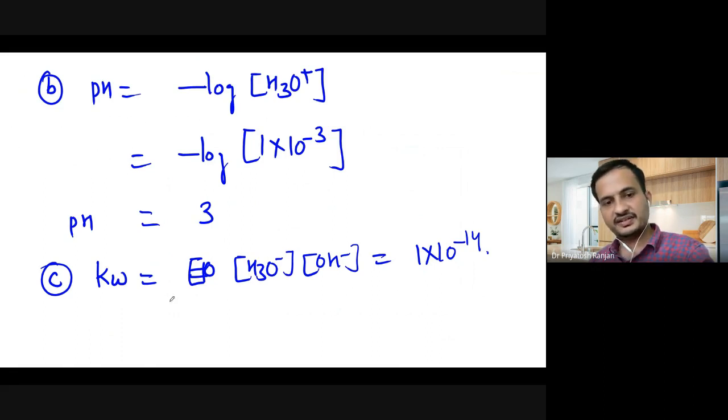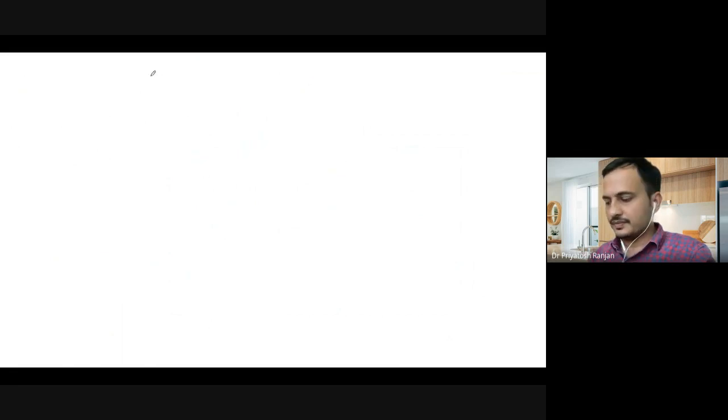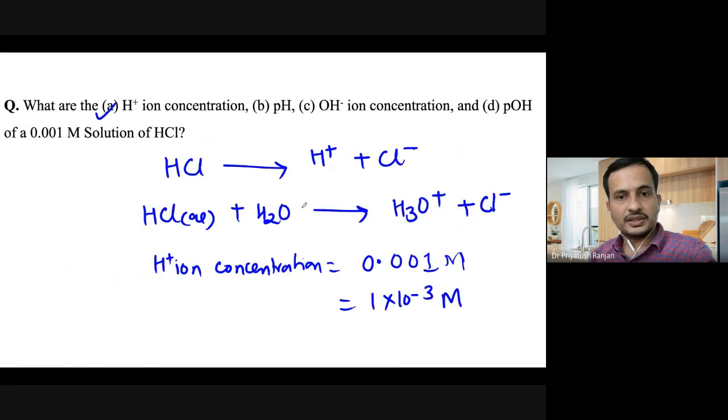Now, considering this equation, we do have the hydronium ion concentration which is coming from the HCl. We are not considering the hydrogen ion concentration from the water, because compared to this value, the hydrogen ion concentration coming from the water ionization is going to be very, very low.